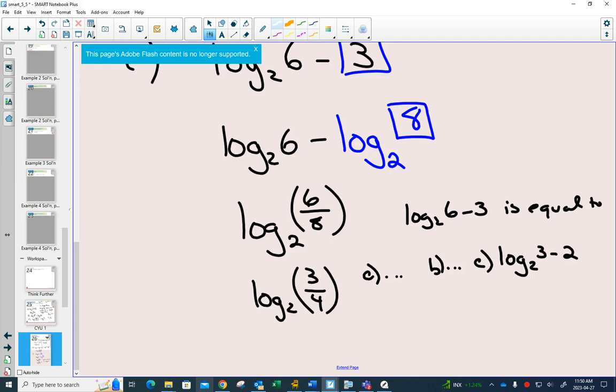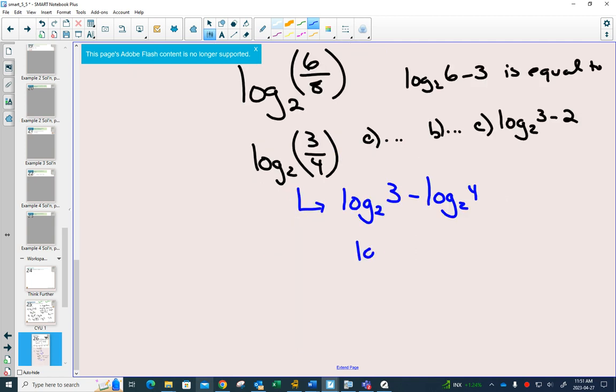Okay, why is this equal? Because I can now play around with my log laws on this one and say dividing is the same as subtracting with the same base. And this would be the same as log 2 of 3, and 2 to what exponent is 4? That's equal to 2.